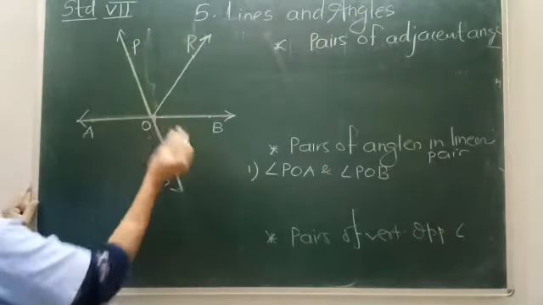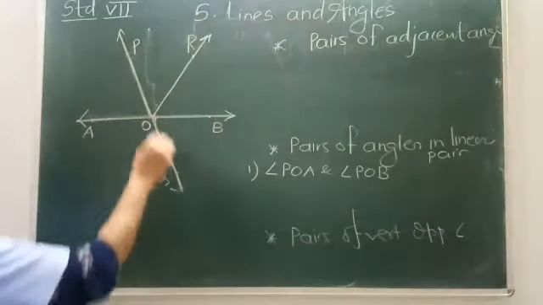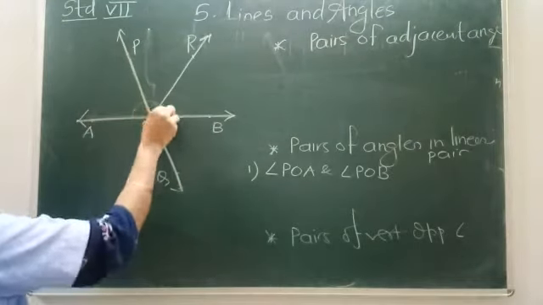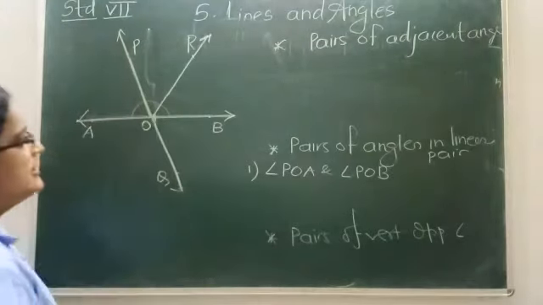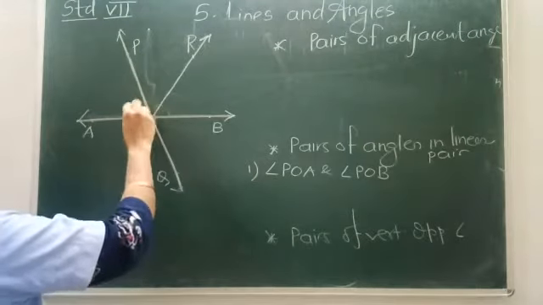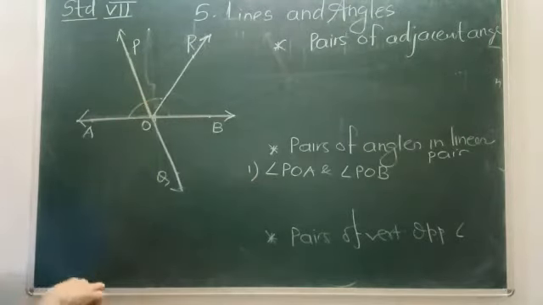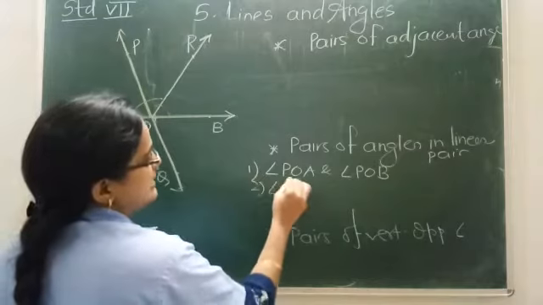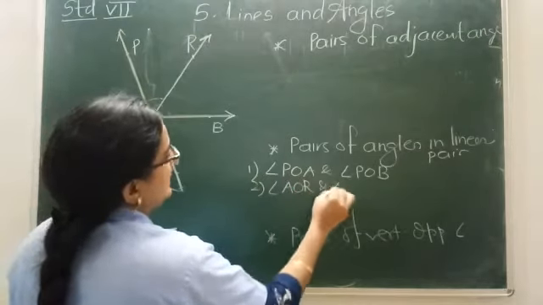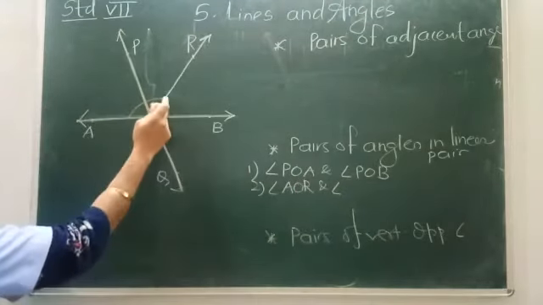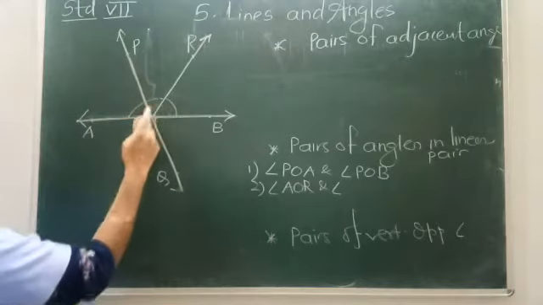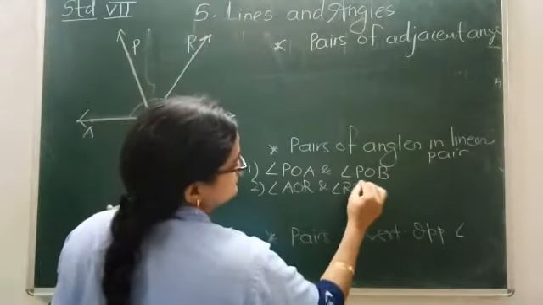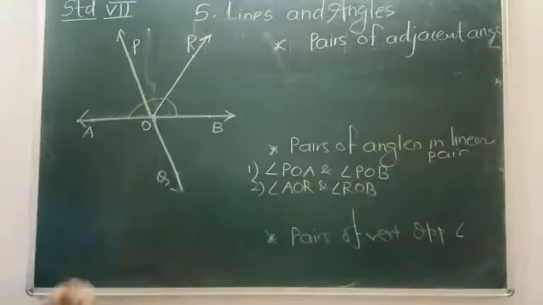Angle POA and angle POB. Or even I can say angle AOR and ROB. So these two angles are formed.